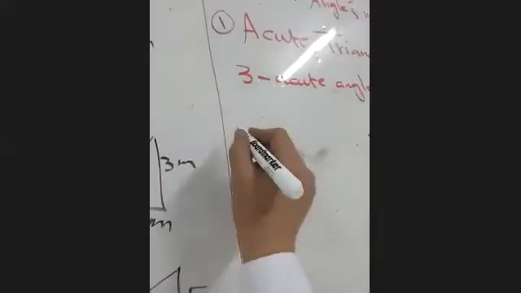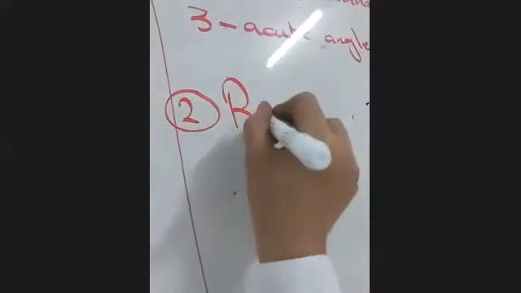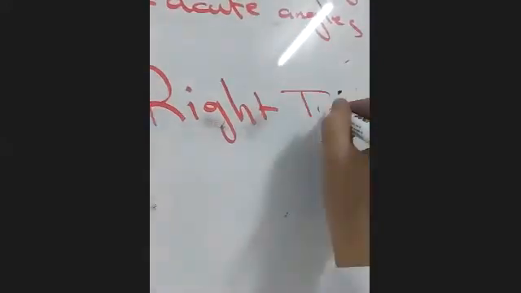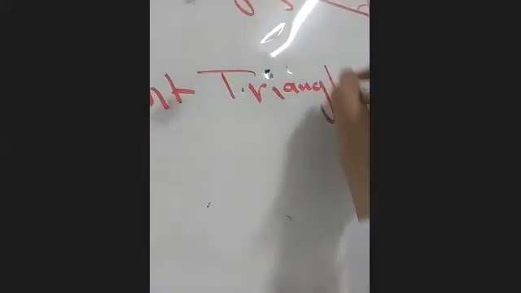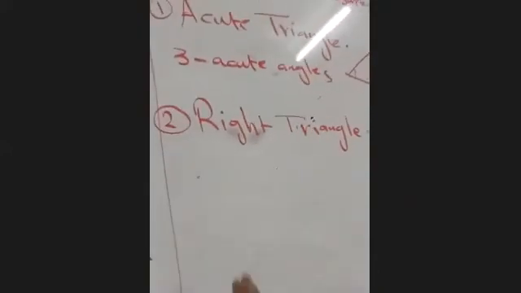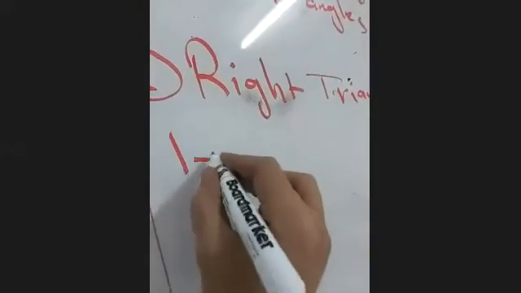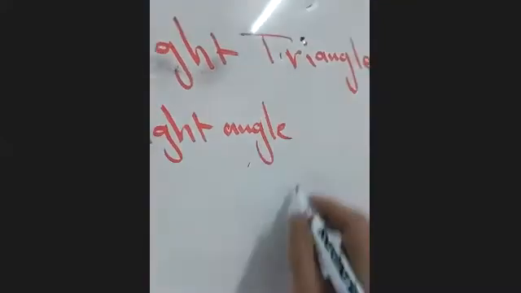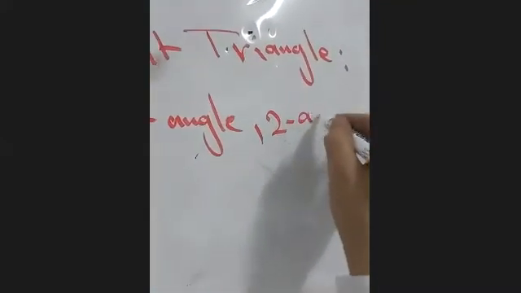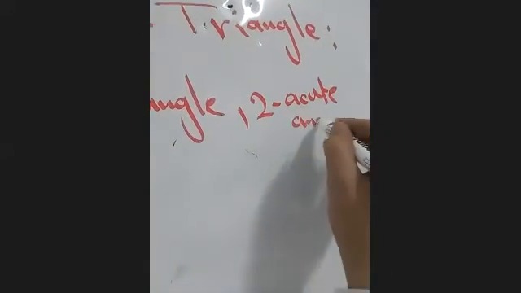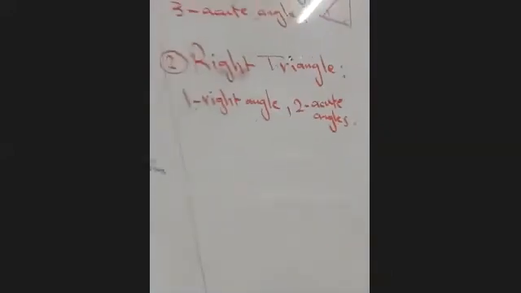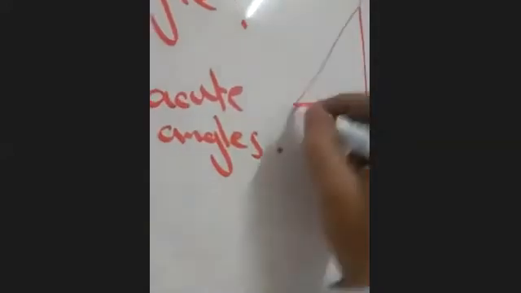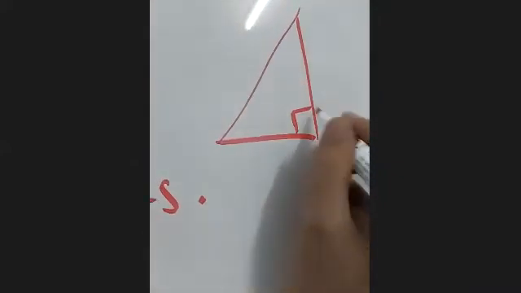Type 2, we call it right triangle. This is important. What is the right triangle? It is a triangle that has 1 right angle and 2 acute angles. How do we know it? It always has this small square here.